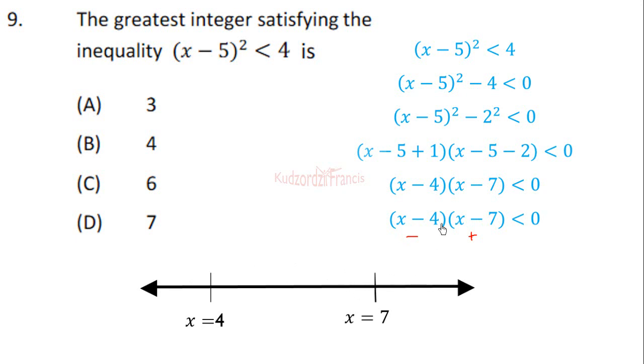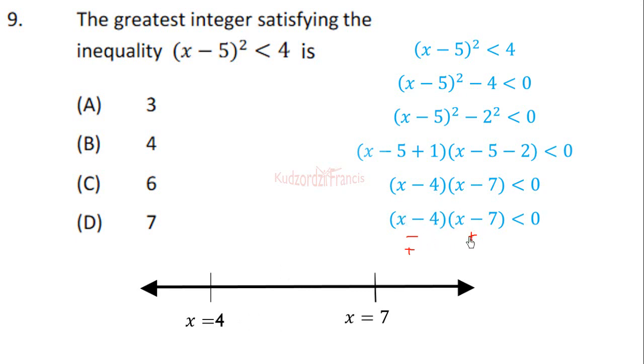Then let's pick another point here within this region. So let's pick, let's say 5. Sorry. The first one, if you put 3 here, you get negative. You put 3 here, you get negative.